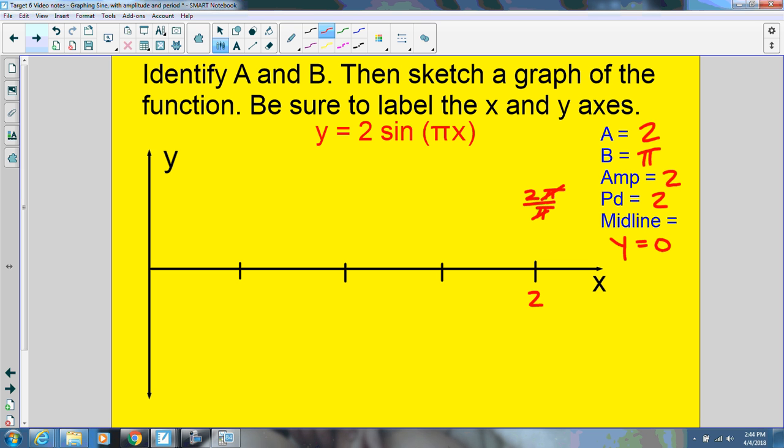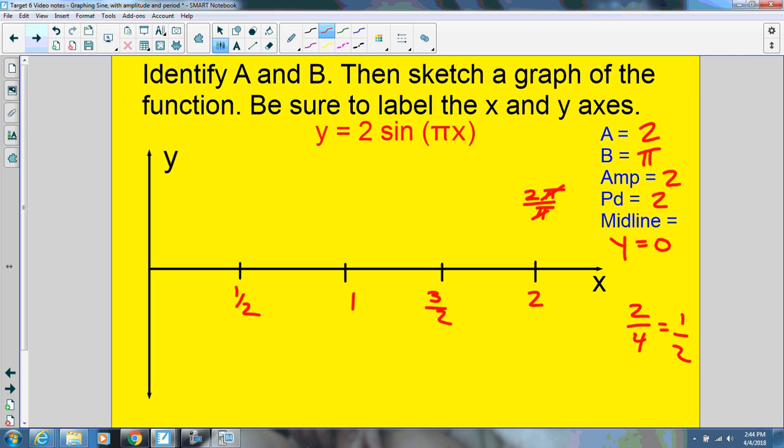I've got 4 marks on my x-axis. If I take the period of 2 and divide it by 4, that means I'm counting by halves. So here I'll have 1/2, next 2 halves, which is 1, here 3 halves, then 4 halves, which is 2.